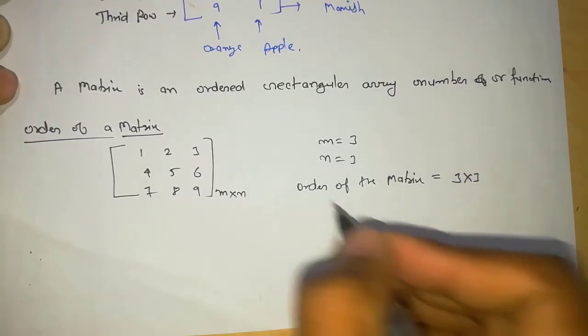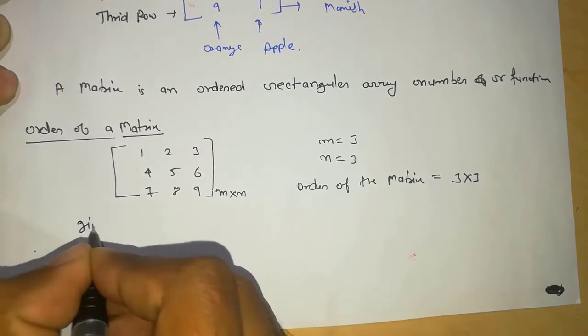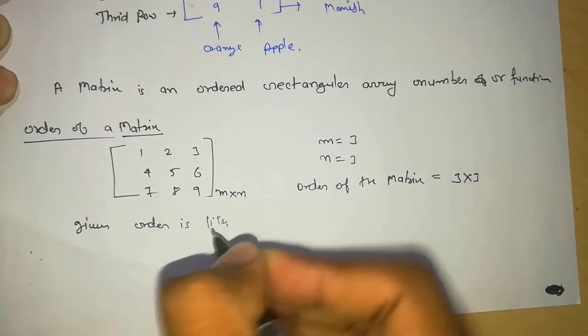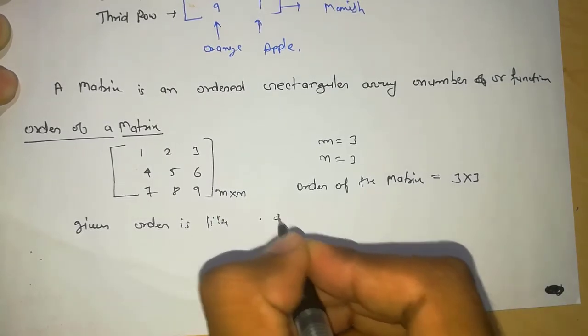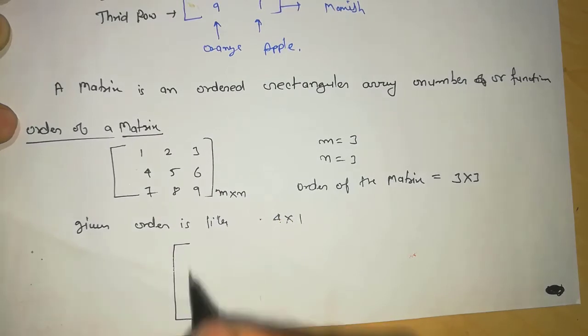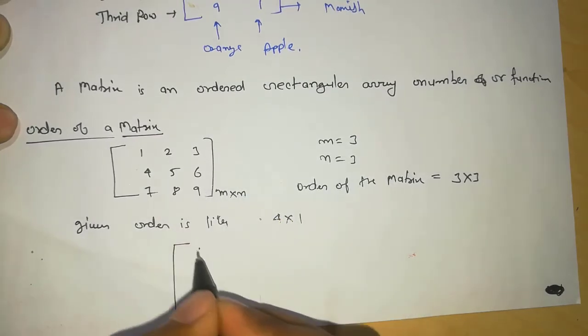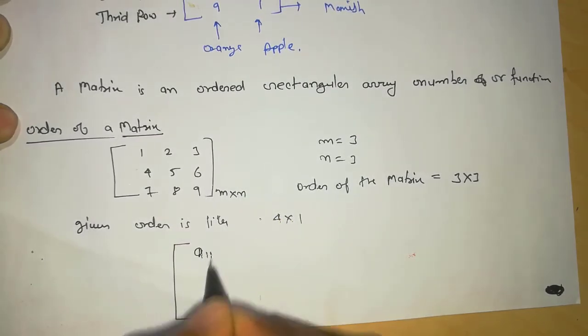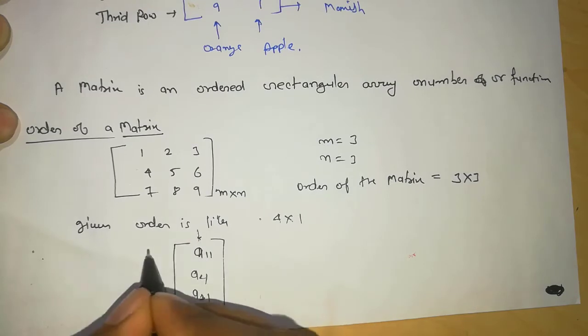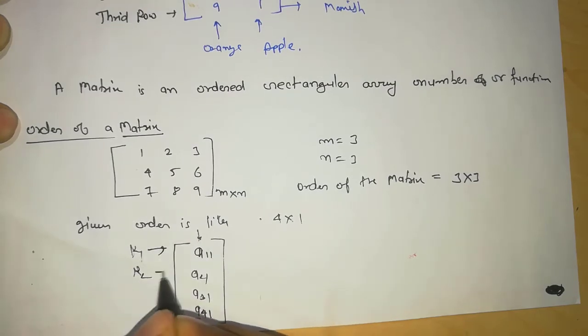Let's suppose the given order is 4 into 1. It means it has 4 rows, R1, R2, R3 and R4, with elements A11, A21, A31 and A41, and one column C1.